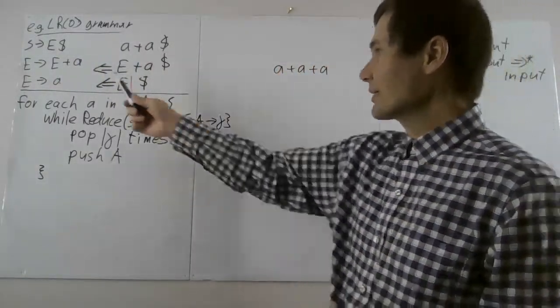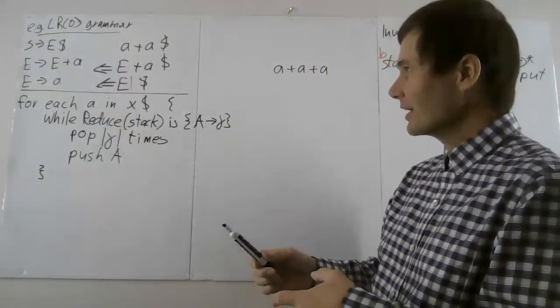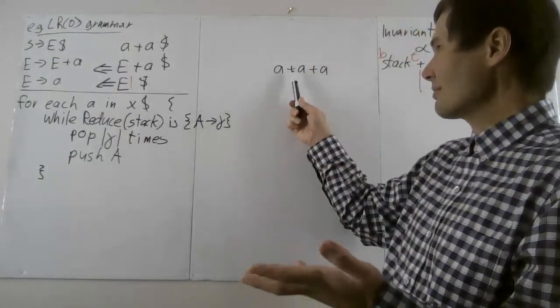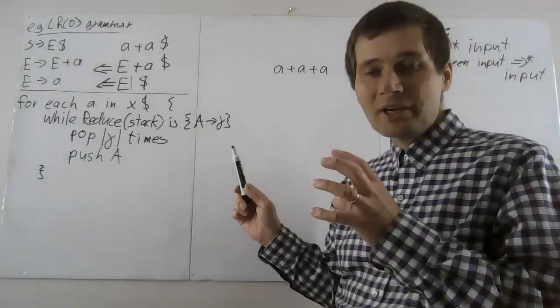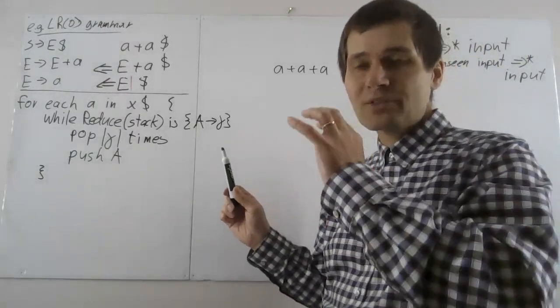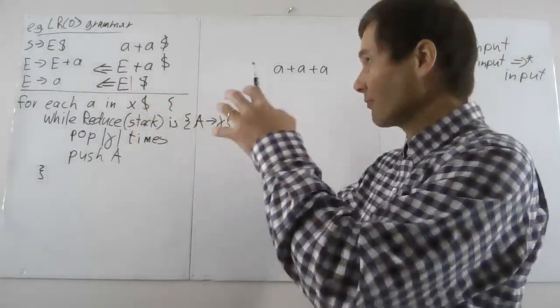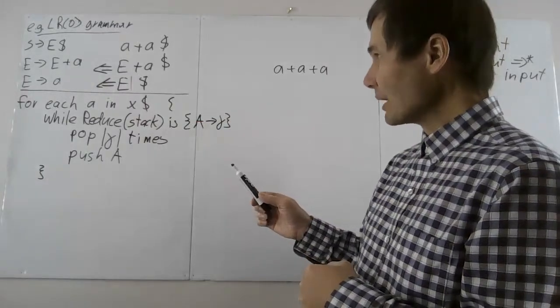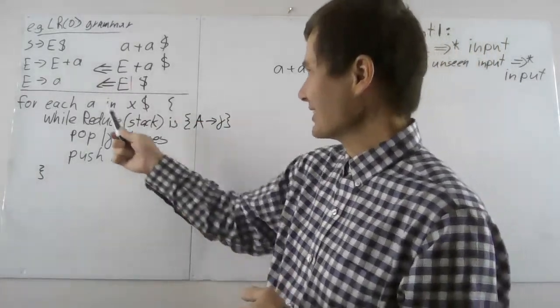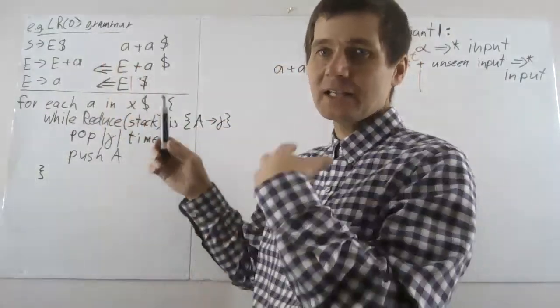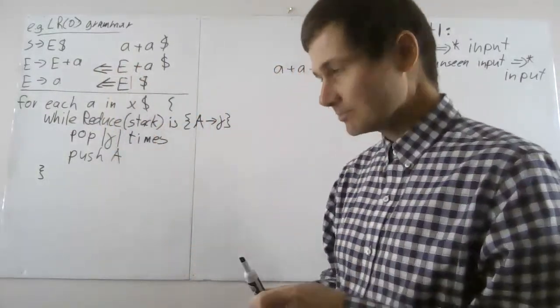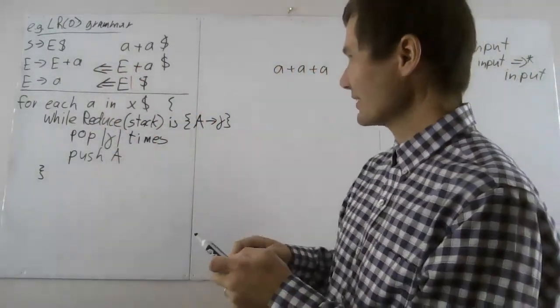But to know that we want to use this rule twice, we need to know that the input has 2 pluses. And so it's actually the part of the stack before the handle. Sorry, I should say that the right-hand side of a rule, when it appears on the stack, that's called a handle.